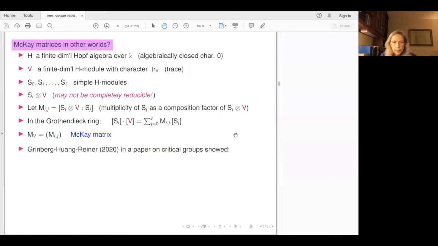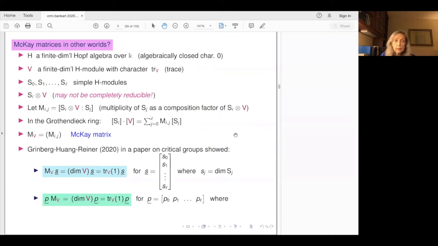And there was a paper that came out fairly recently on critical groups. What Grinberg, Huang, and Reiner showed was that if you take the vector of dimensions of simple modules, that is an eigenvector. The eigenvalue is the dimension of V. On the left side, if you take the dimension vector for the projective covers of these modules, you get a left eigenvector.